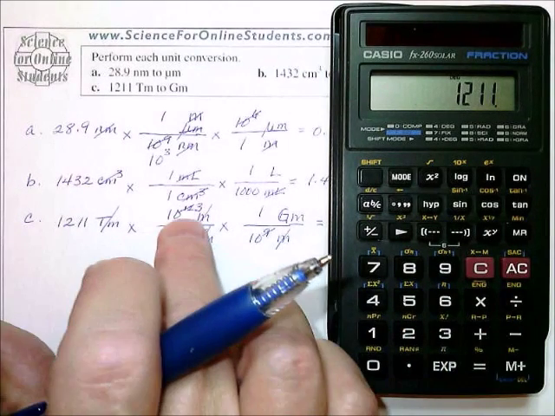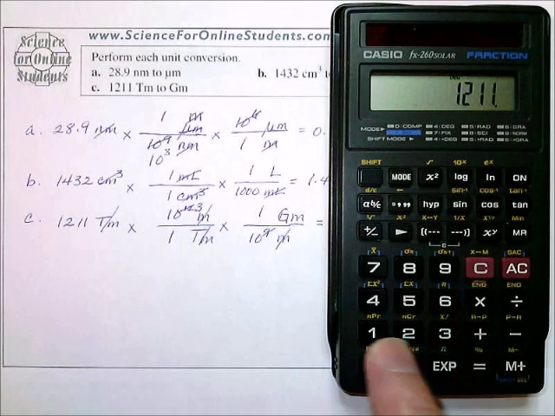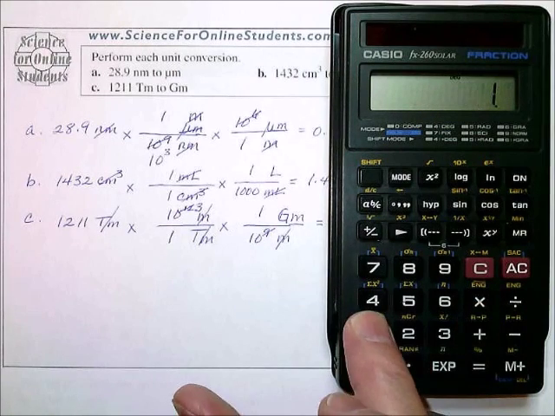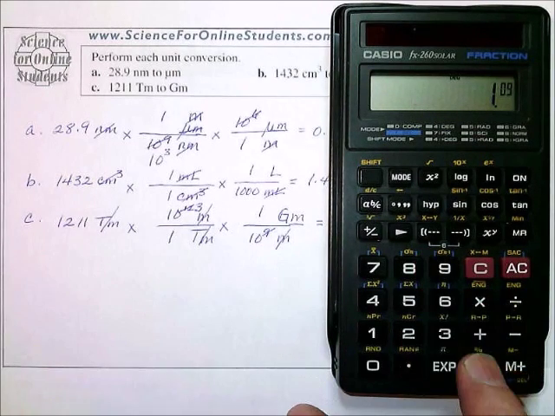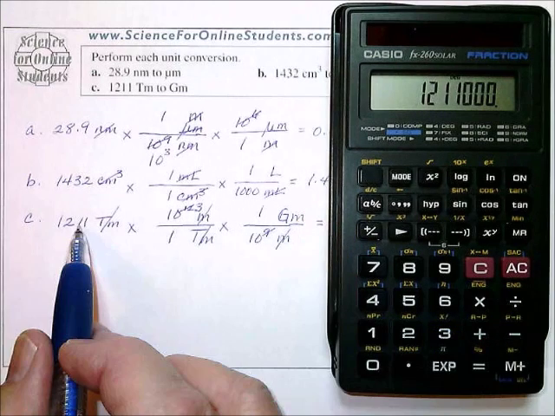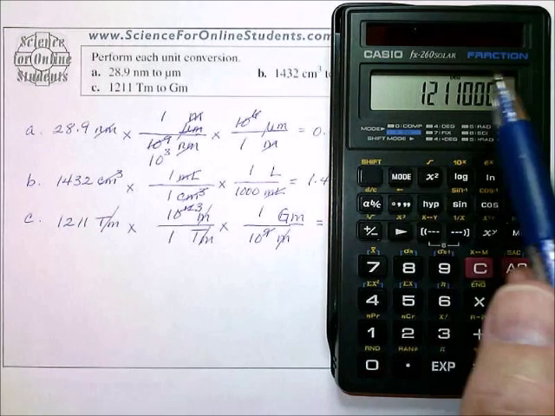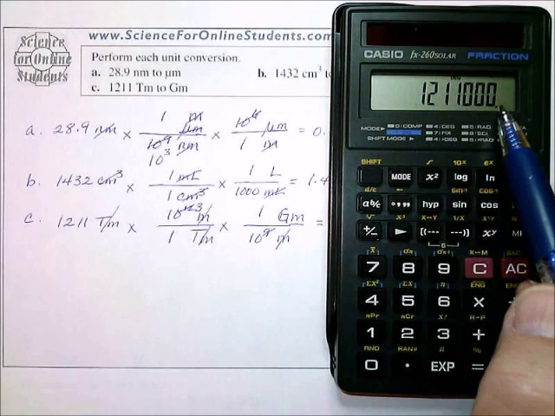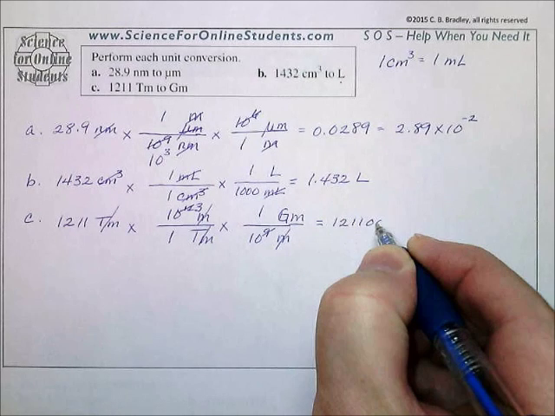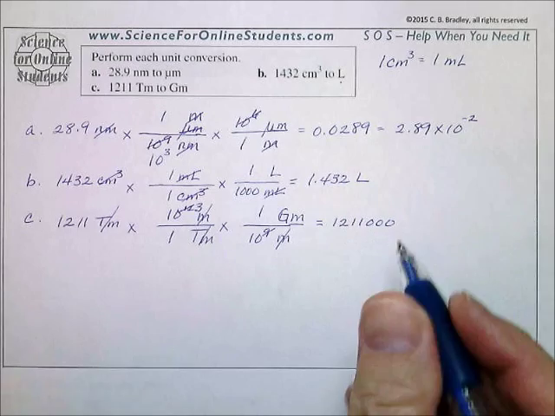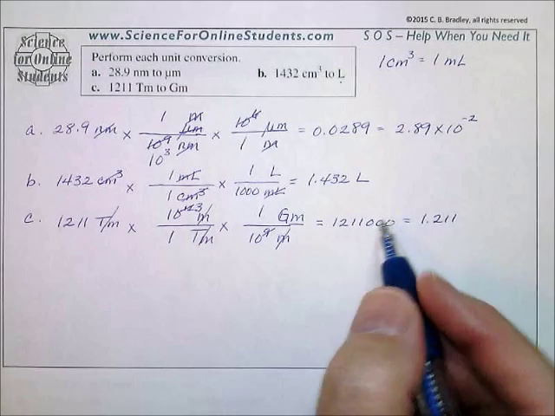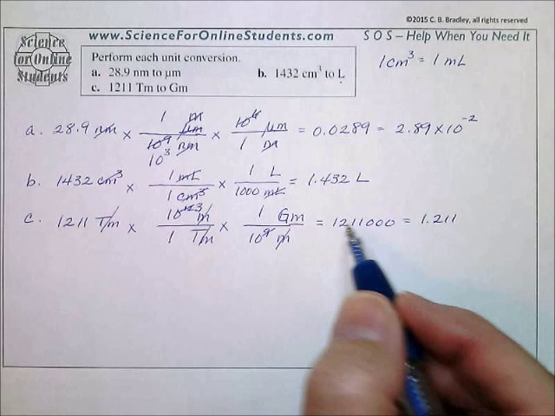Multiply times 1 times 10 to the 12th, divide by 1 times 10 to the 9th equals. Okay, so we have 1211 and 3 zeros, and that's what we get. Or 1.211 times 10 to the 6.